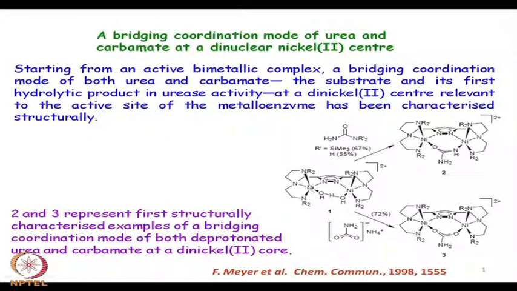So, if you have this N1 and N2, what we need? We need one pocket for binding the first nickel and another pocket for binding the second nickel. And this particular one is the endogenous bridging unit which is based on pyrazole.